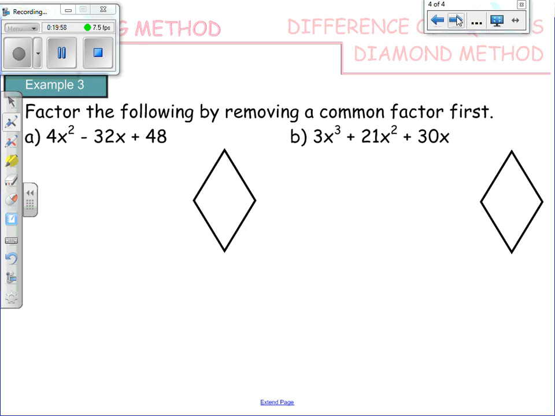If this number and that number all share a common factor, take it out. So what's the greatest common factor of all three of those? 2 is a factor of all of them, but what's the greatest common factor, Boris? 4. So you take a 4 out, and you're left with x squared.